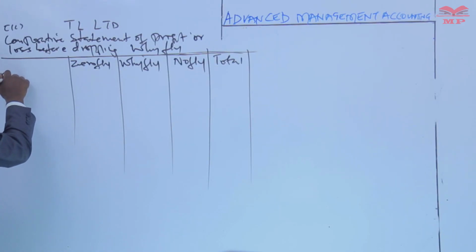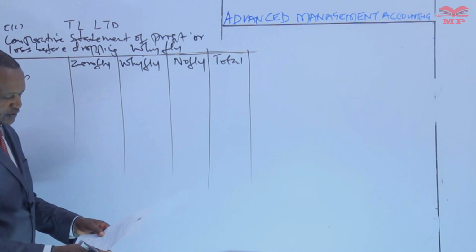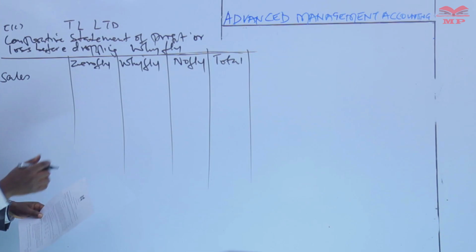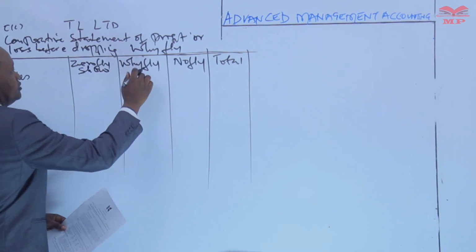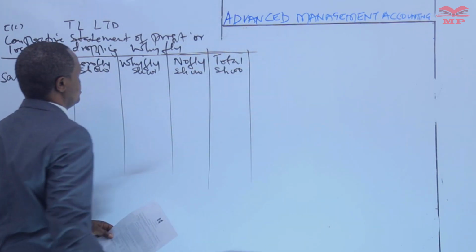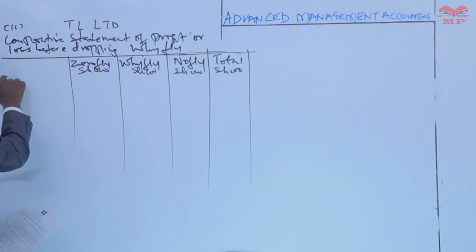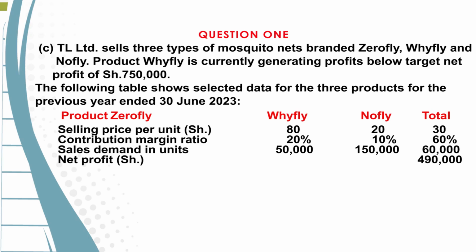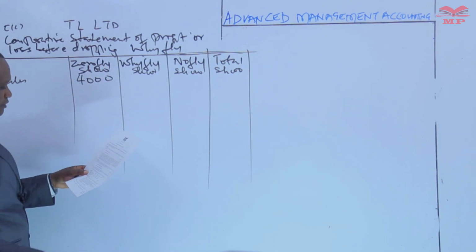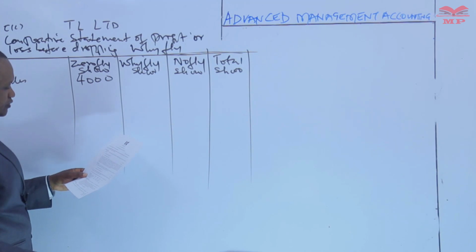With that, we'll get the sales. Candidates, give me the sales. The sales for Zero Fly will be the 80 shillings per unit times the 50,000 units. That is 80 times 50. That is 4 million.